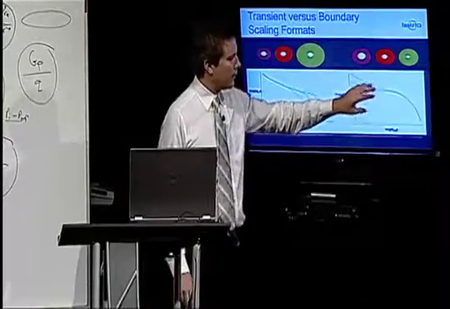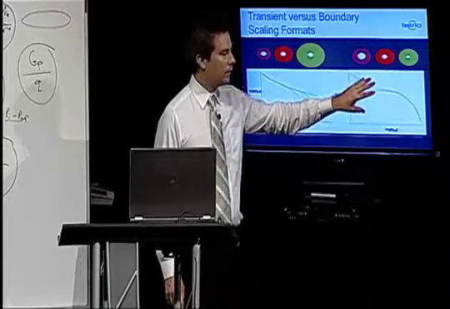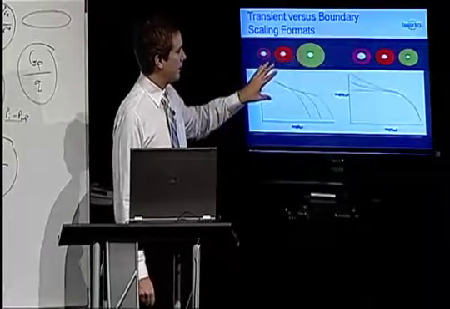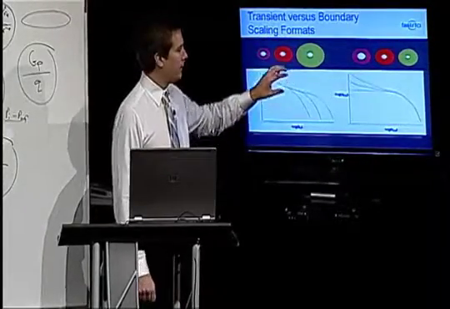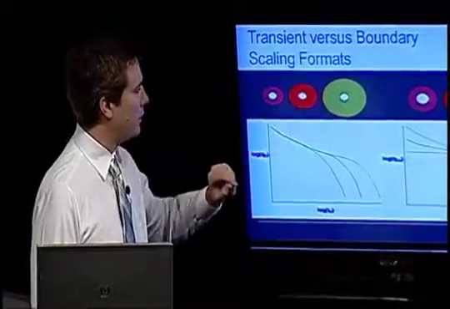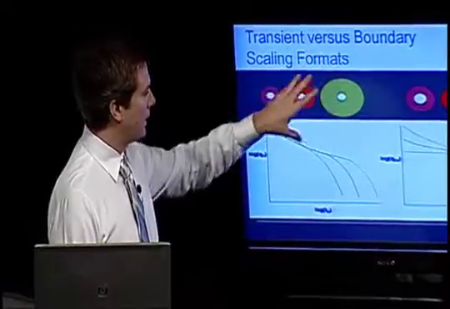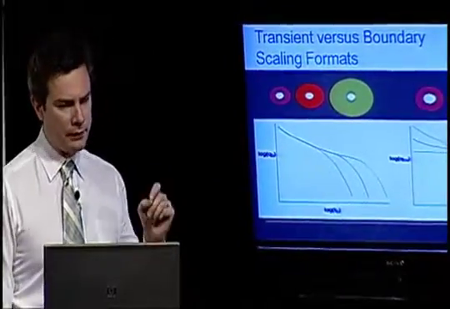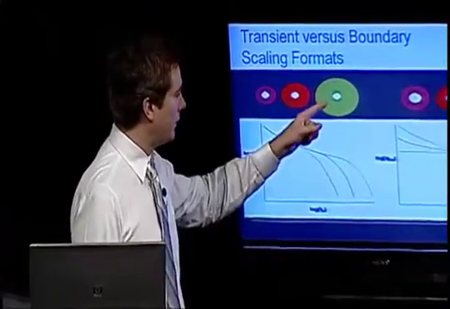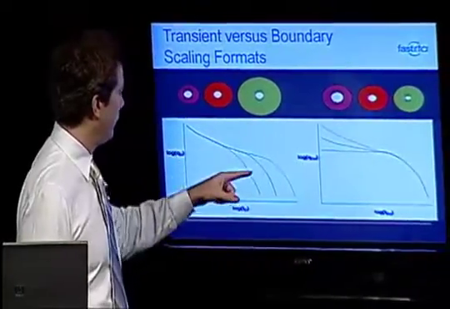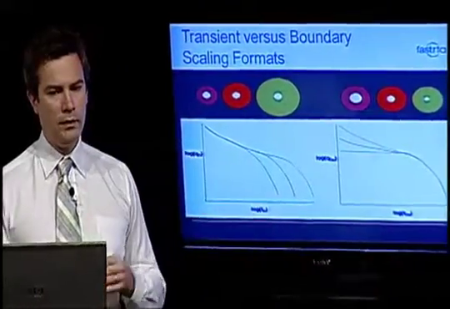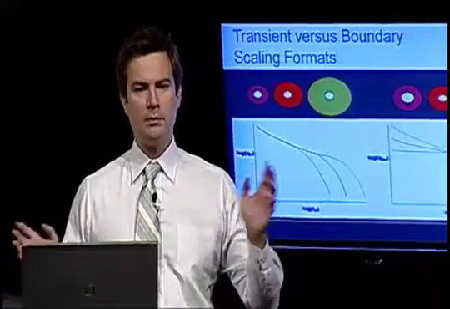That's Blasingame, Agarwal-Gardner, NPI. In the transient case, I do it differently. I still have these changing ratios, but in this case, I'm keeping the inner circle the same and changing the size of the outer circle. Now, if you really think about it, if I take the green case in both of these and get rid of all the other type curves, the solutions are identical. They're the same type curve.